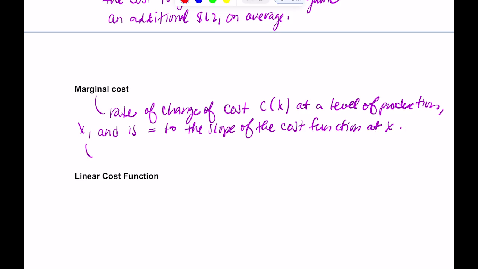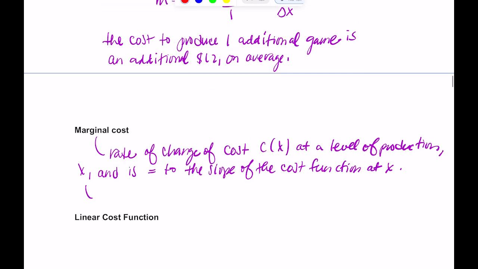It's also important to note that marginal cost approximates the cost of producing one additional item. So that $12 there is the marginal cost.